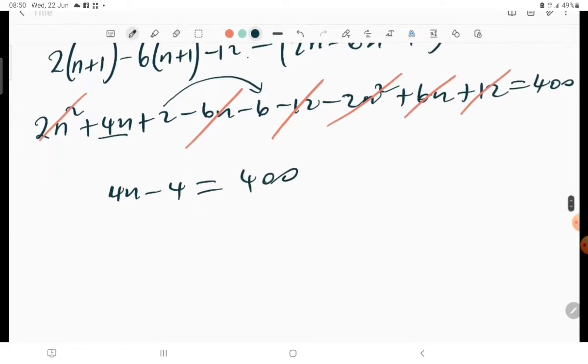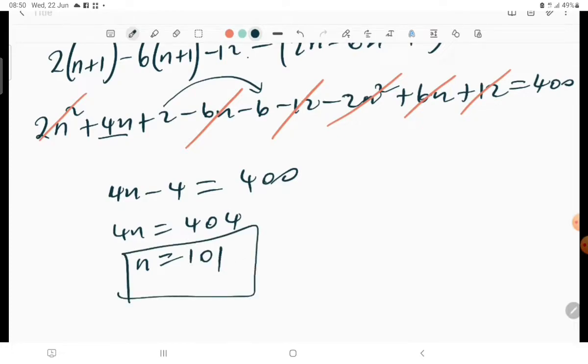You can see that this is that general formula, your second difference that we calculated in the previous approach. So we have the very same thing. We have 4n is equal to 404, then n is equal to 101. We do the very same process here to find those consecutive terms by substituting 101 and 102.